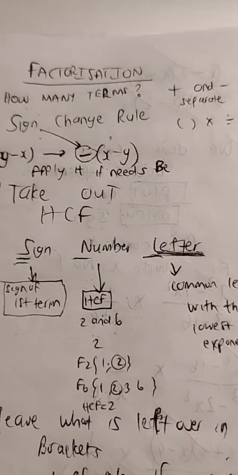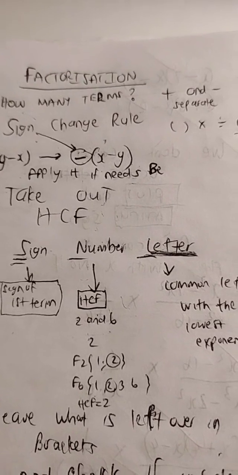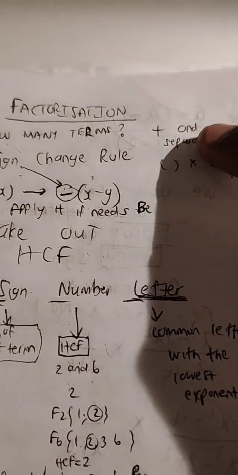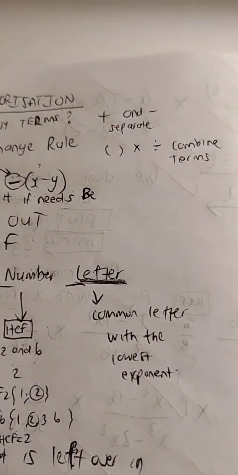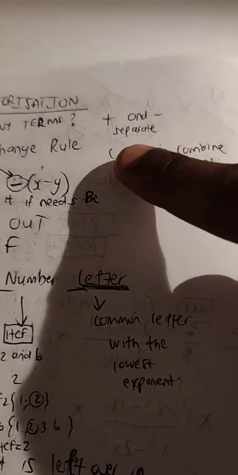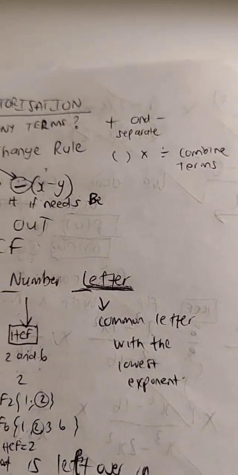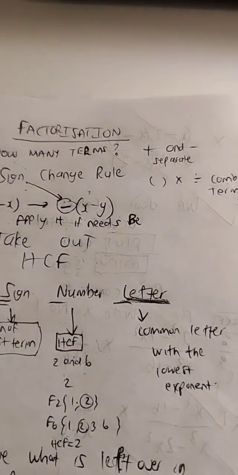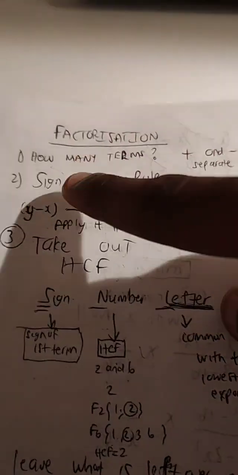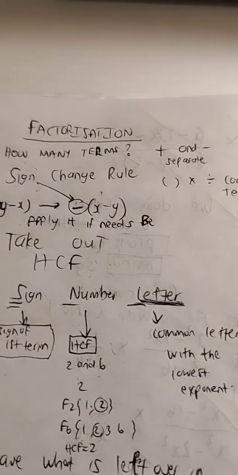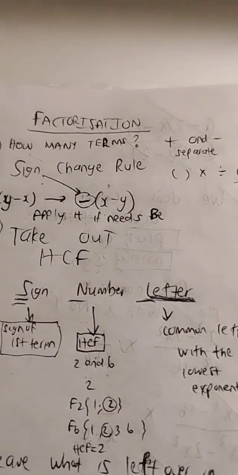That in turn makes a term, all right? One term. Then a plus and minus sign separates terms, whereas a multiply and a division sign combines terms. Brackets also combine a term, you see. So whenever we are asked to factorize, there are a few things that you need to consider. One, you need to count how many terms there are. Establish how many terms you have. That's the first thing you need to do.